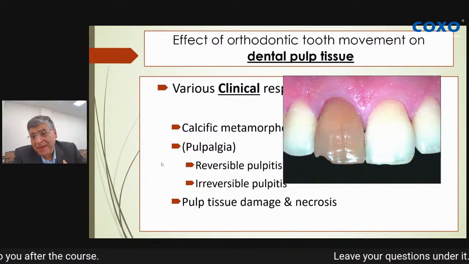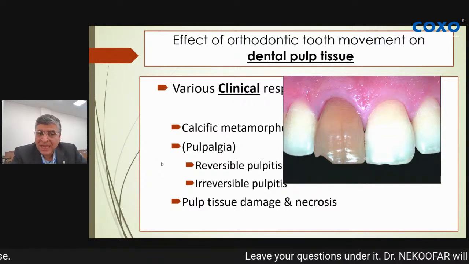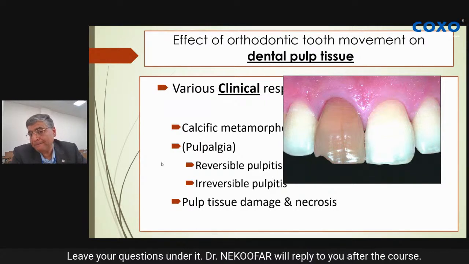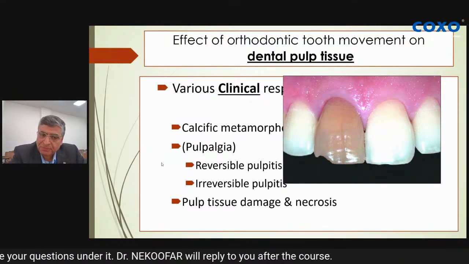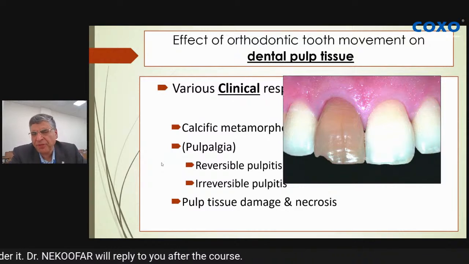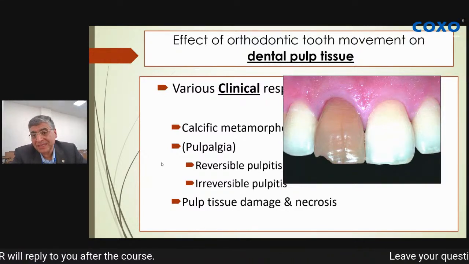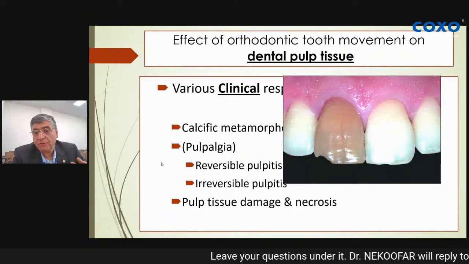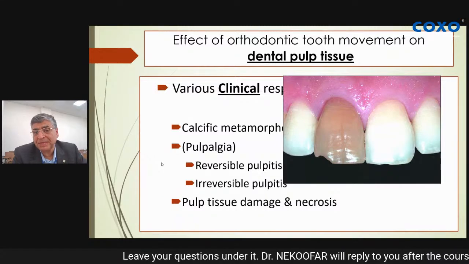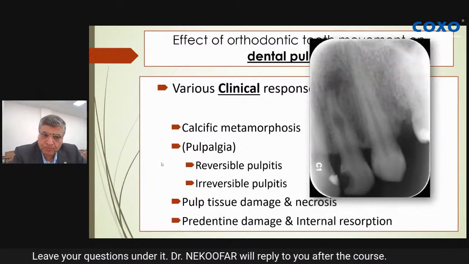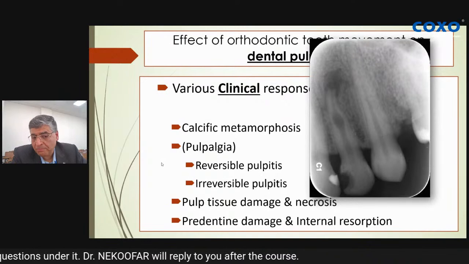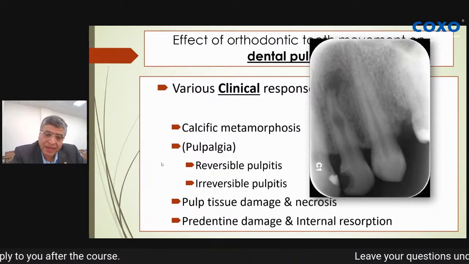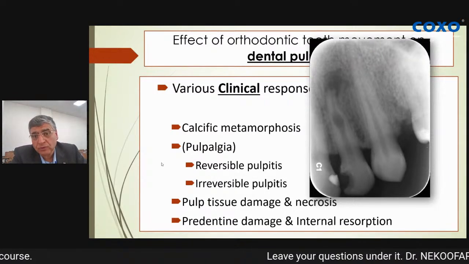And sometimes we may decide to start the treatment a bit earlier than the original strategy, because if we stop and think about it, if we end up with discoloration like that, then we have a problem with the future treatment, which makes the treatment much more difficult. And if we leave it, we may have periodontal damage and internal resorption, and also necrosis sometimes, and sometimes without pulp necrosis.